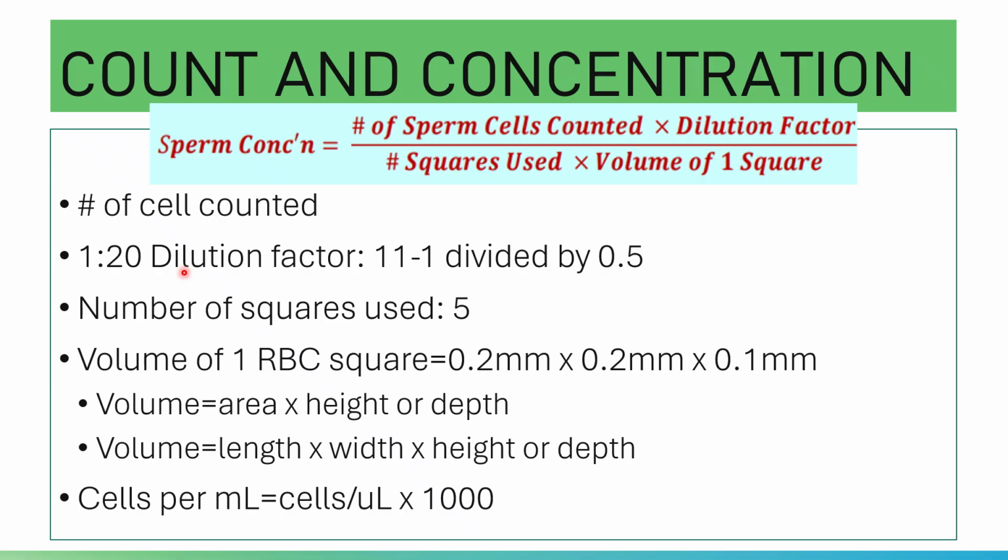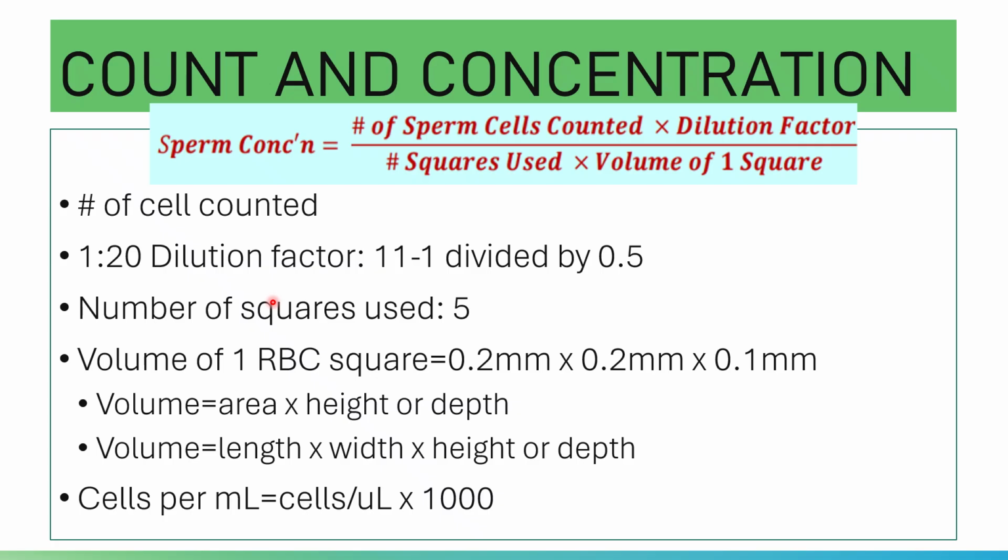Your dilution factor, if you utilize your WBC Thoma pipette, is 20, because the dilution you did is 1 is to 20.